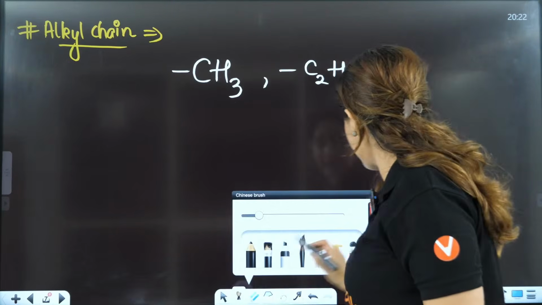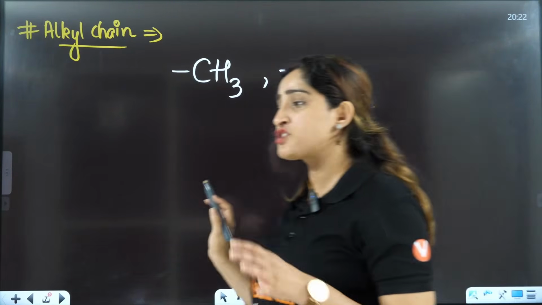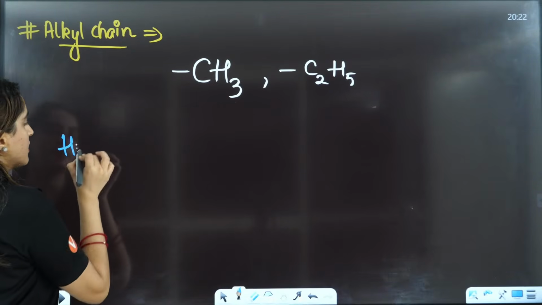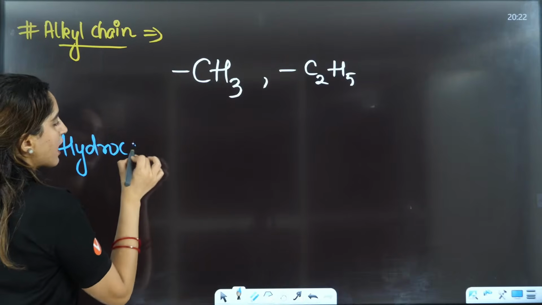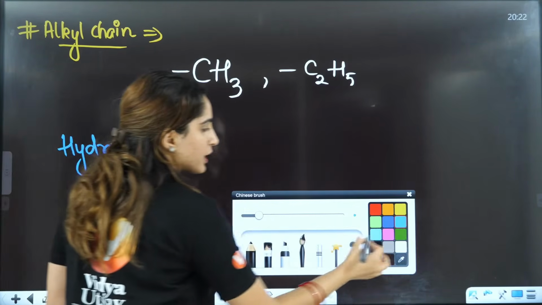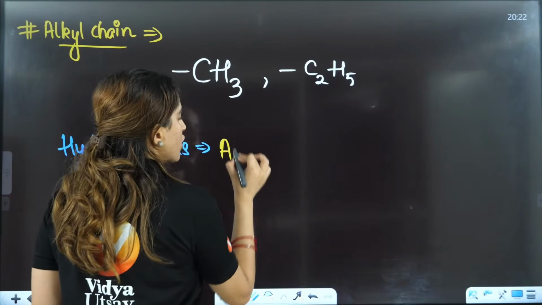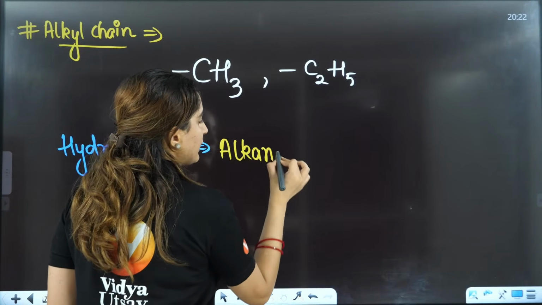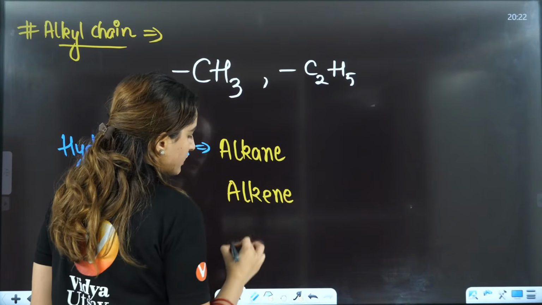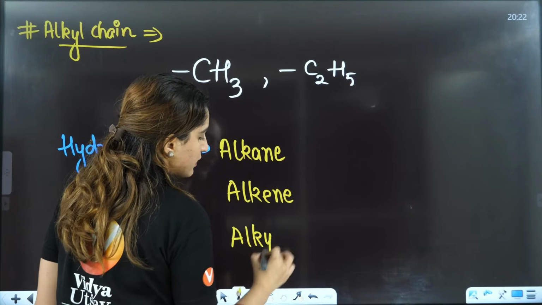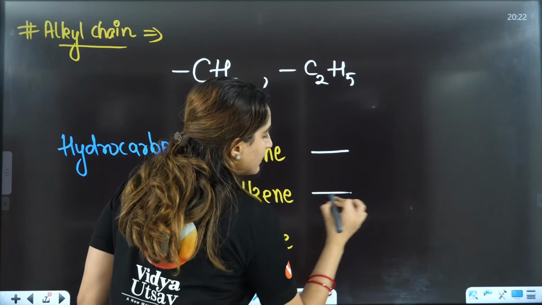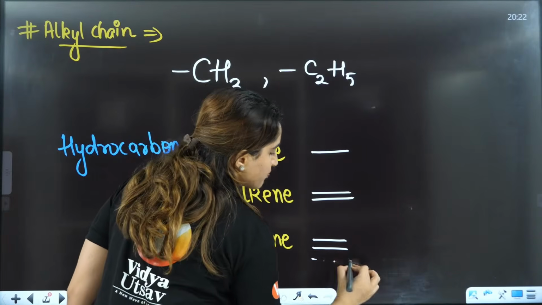Now we know that the first chapter after GOC that we will study is hydrocarbons. In hydrocarbons we'll study alkane, alkene, and alkyne. Alkane has a single bond, alkene a double bond, alkyne a triple bond.